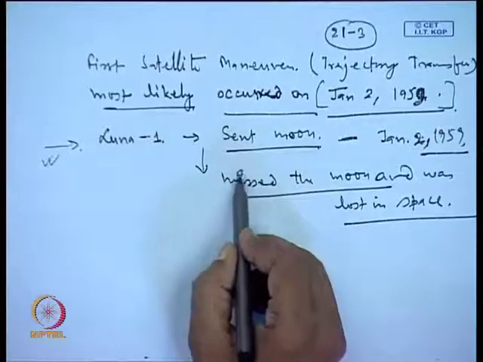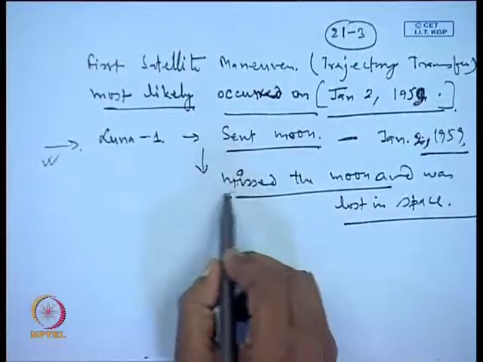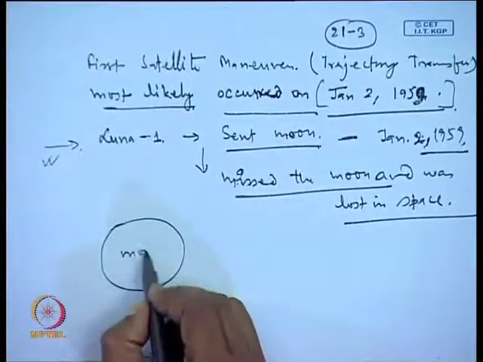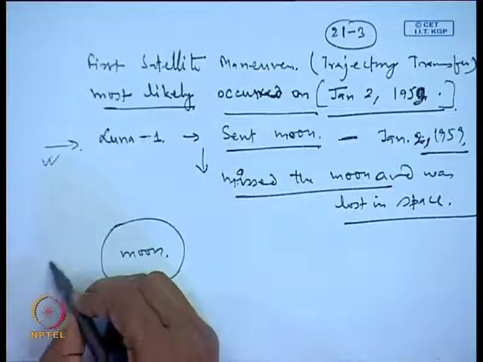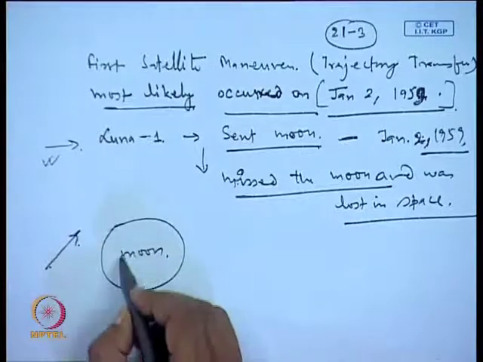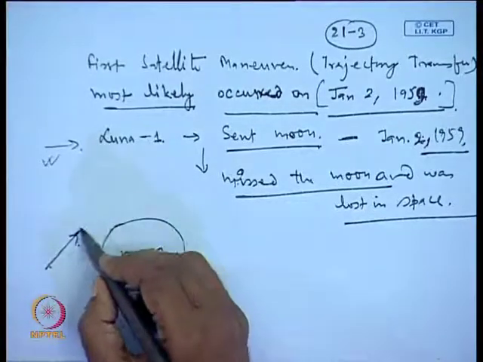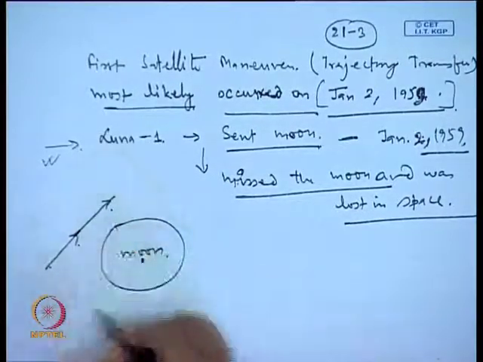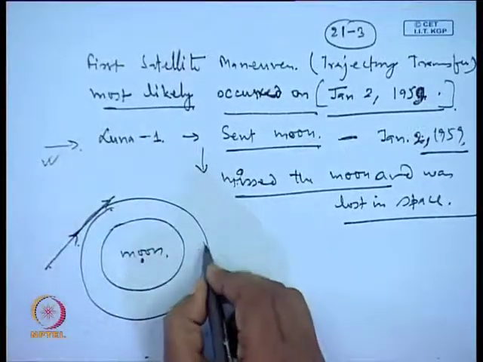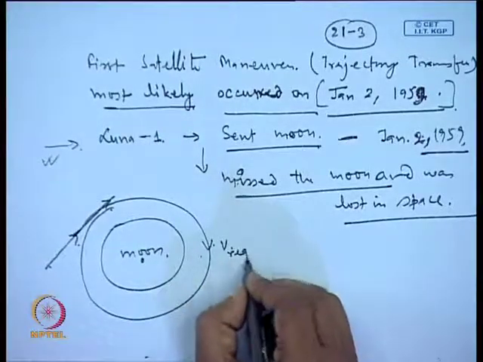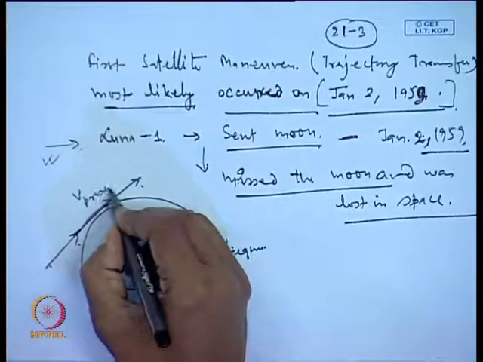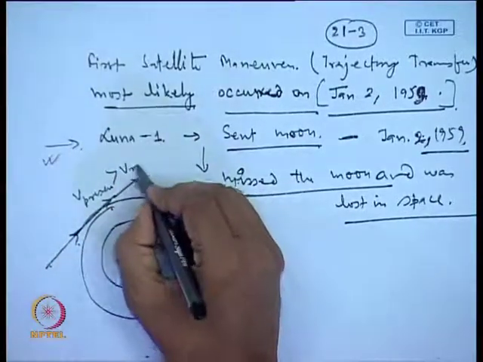So, what happened was that the satellite did not reach the moon. It happens because, suppose this is the moon and you are sending the satellite on a trajectory. Suppose this is the velocity required to be captured in the moon's orbit, v required, and your velocity at present, v present, is greater than v required.